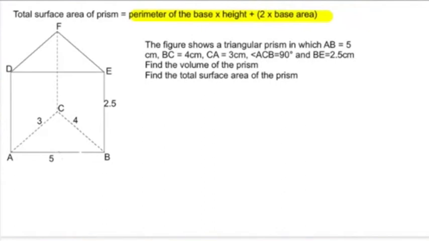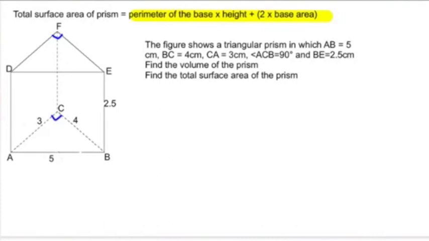As it says, the figure shows a triangular prism in which AB equals 5 centimeters, BC equals 4 centimeters, CA equals 3 centimeters, ACB equals 90 degrees. That's important because it also means that DFE equals 90 degrees, but it's not important for that reason. And BE equals 2.5 centimeters. Find the volume of the prism and the total surface area of the prism.